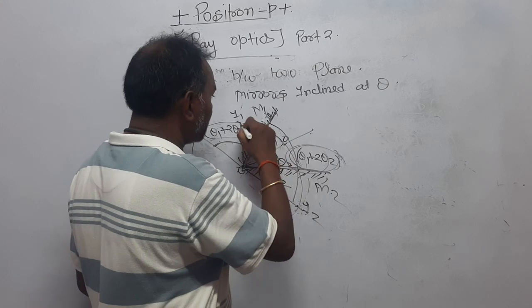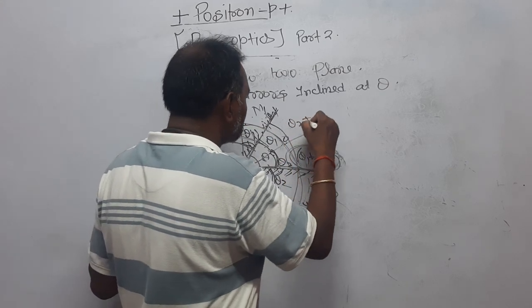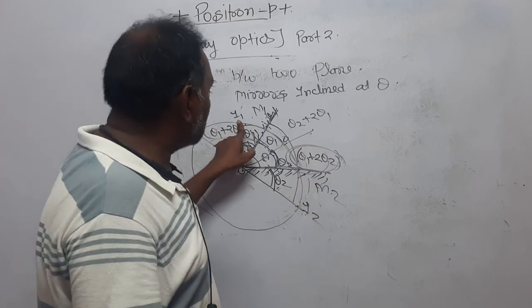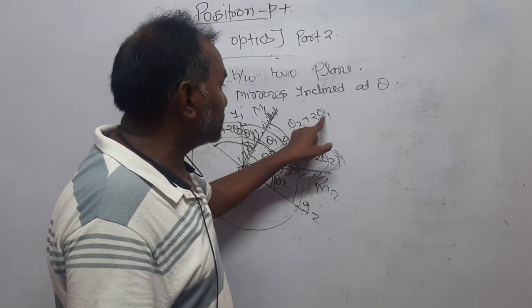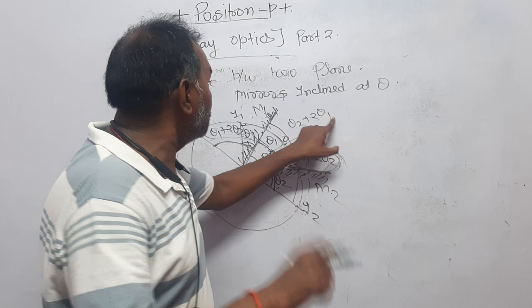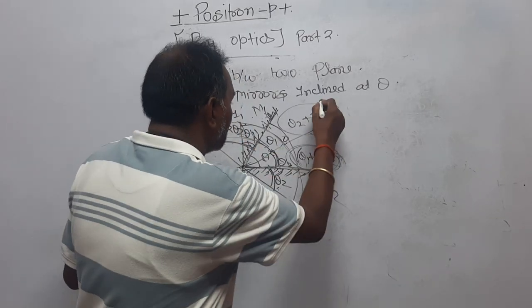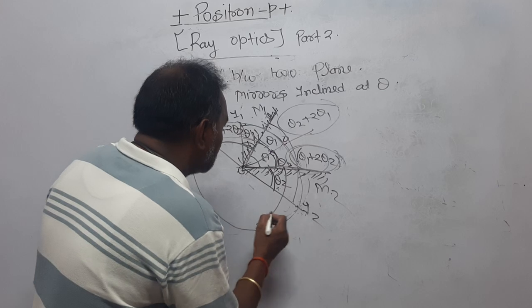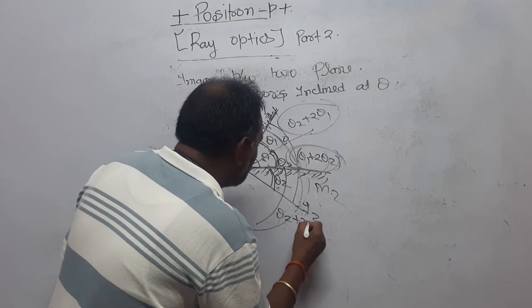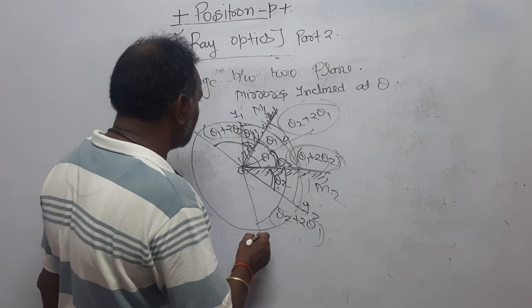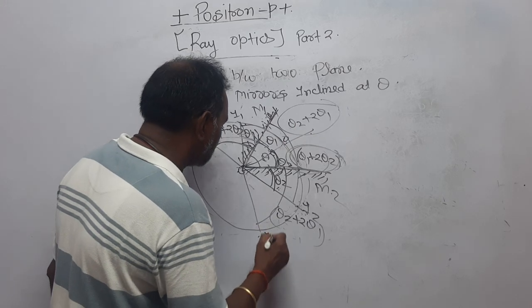So it is at an angle theta 2 plus 2 theta 1. So from mirror M2, I1 is at an angle theta 2 plus 2 theta 1. That is why the image of I1 from mirror M2 will be at the same angle, that is theta 2 plus 2 theta 1, and this is anywhere here, and it is I1 dash, right?